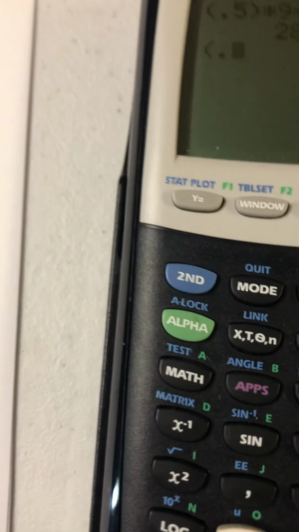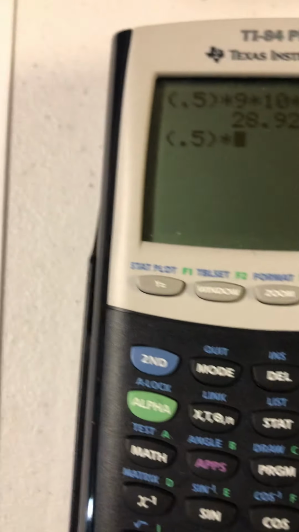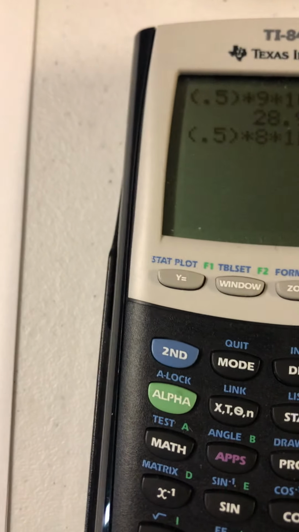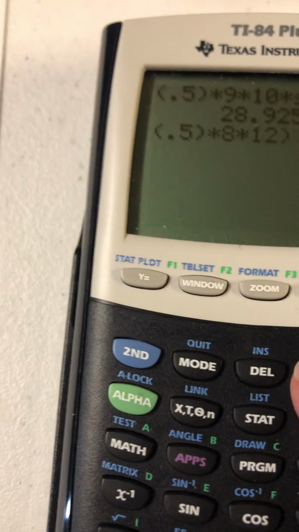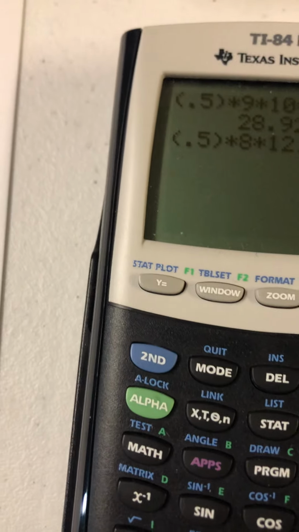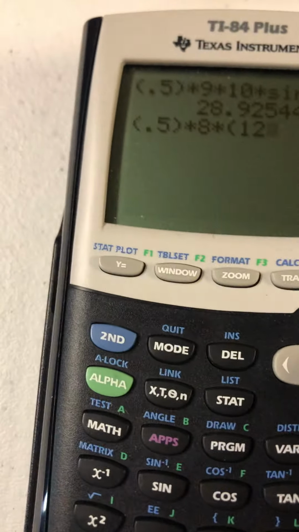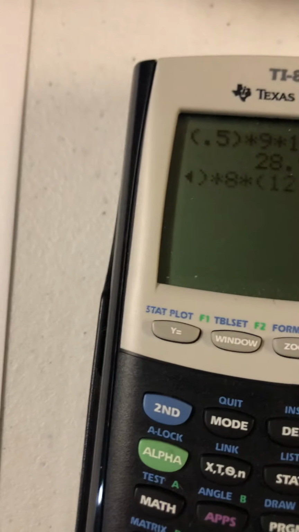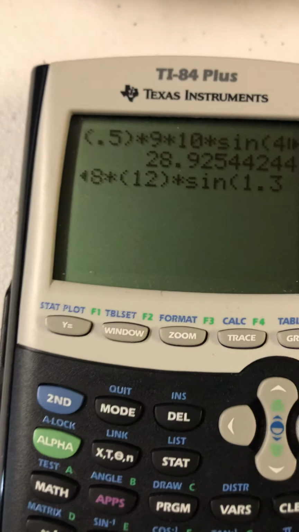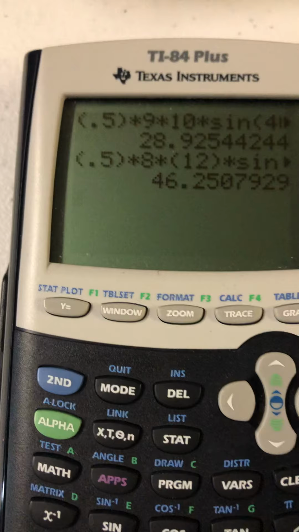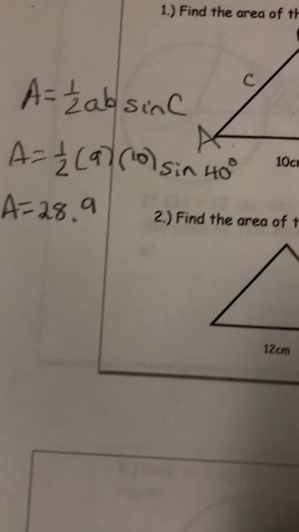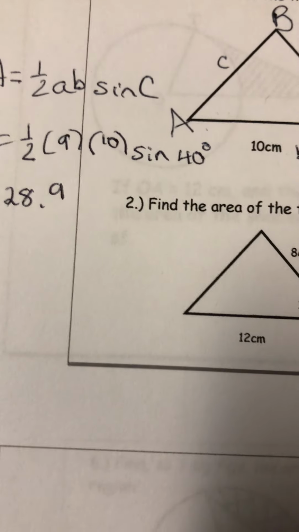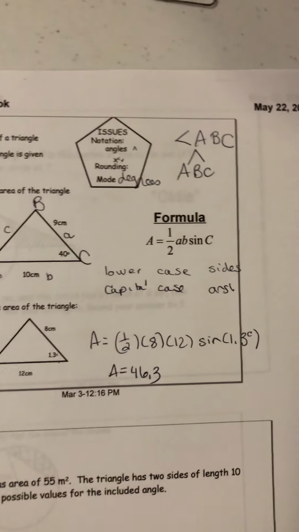Once again, 0.5 times 8 times 12, close your parentheses, just getting a good habit, times the sine of 1.3 radians. Just type in 1.3, practice parentheses, 46.3. So you'll see some practice of that here. That's finding the area of these non-right triangles.